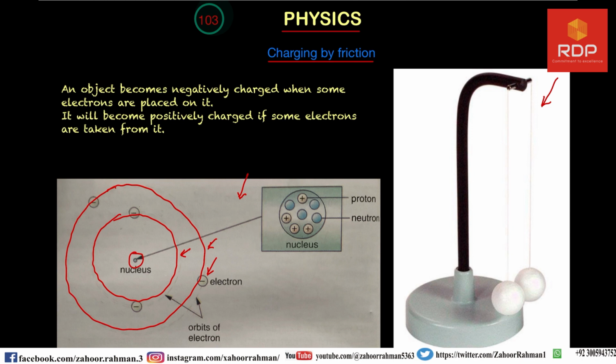Ladies and gentlemen, in simple words, I have written those concepts in yellow. You can see that an object becomes negatively charged when some electrons are placed on it. It will become positively charged if some electrons are taken from it. That was the nutshell of the third explanation.